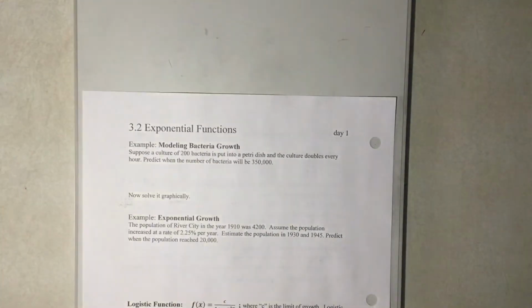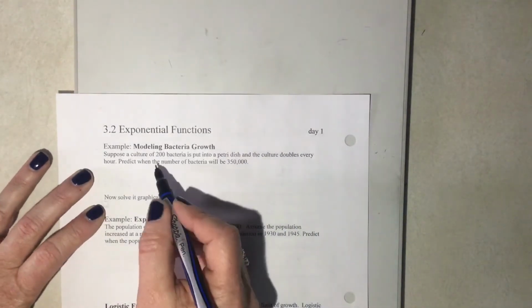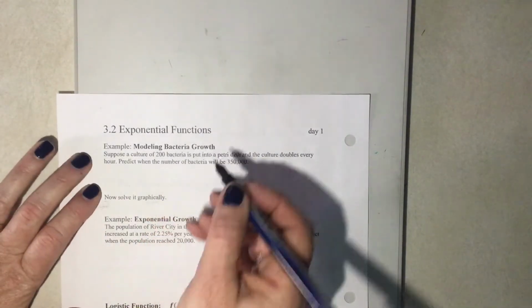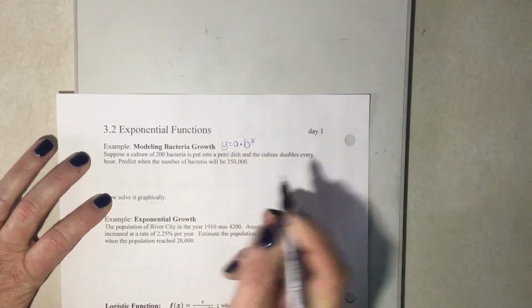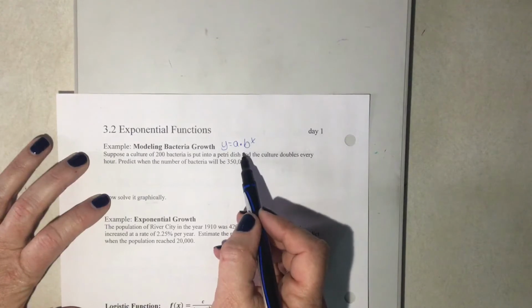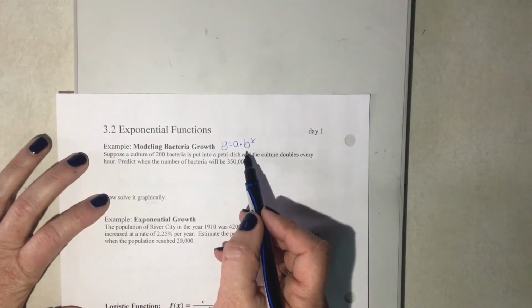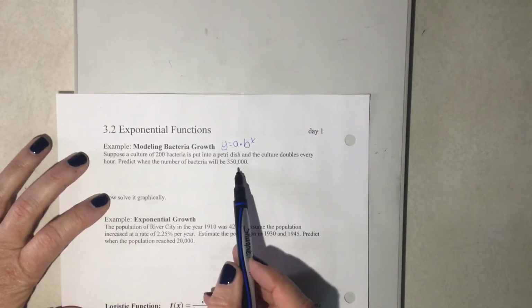So with that, we have a culture of bacteria in a petri dish. What are we starting with? Okay, y equals a times b to the x. I'm really not going to worry about 1 plus the rate unless it specifically tells me something I need as far as rate. This does not say anything about pulling out the rate.